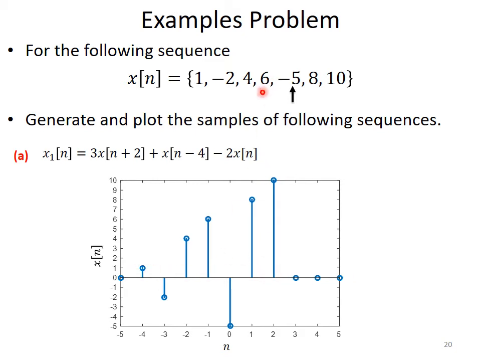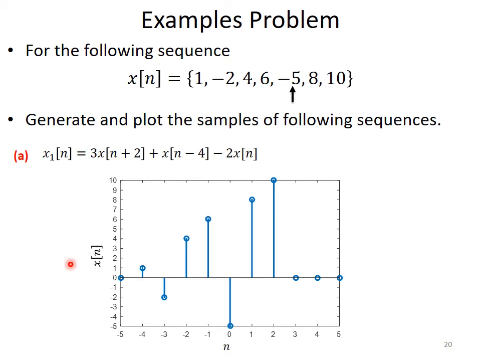And then at n equal to -1, we have 6. At n equal to -2, we have 4. At n equal to -3, we have -2, and at n equal to -4, we have 1. And the sample values for n less than -4 are 0, and similarly the sample values for n greater than 2 are 0.